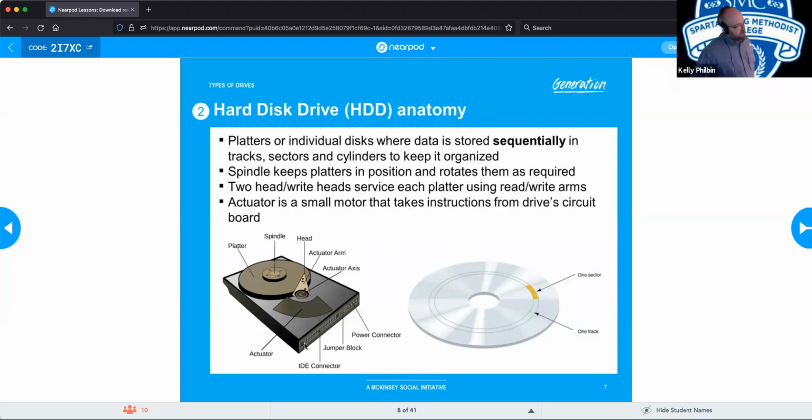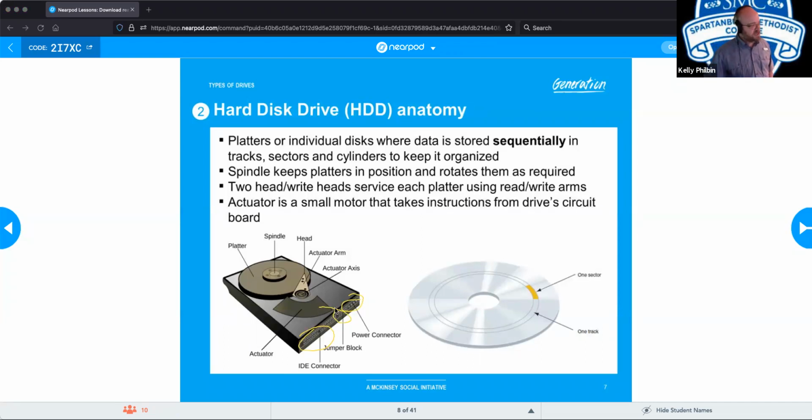And then along the back end of the drive, here you can see you have your IDE connectors, you have your 4-pin mini connectors, and then a jumper block as well.